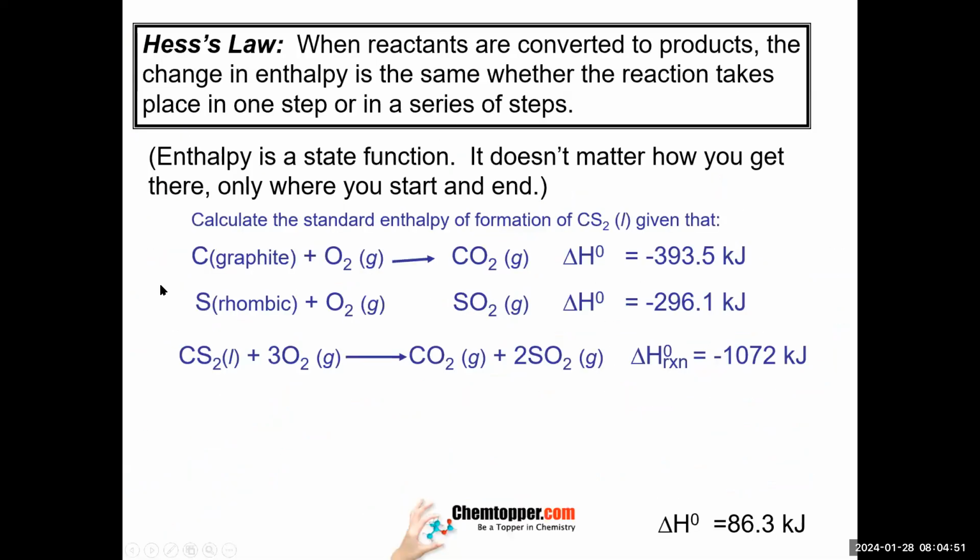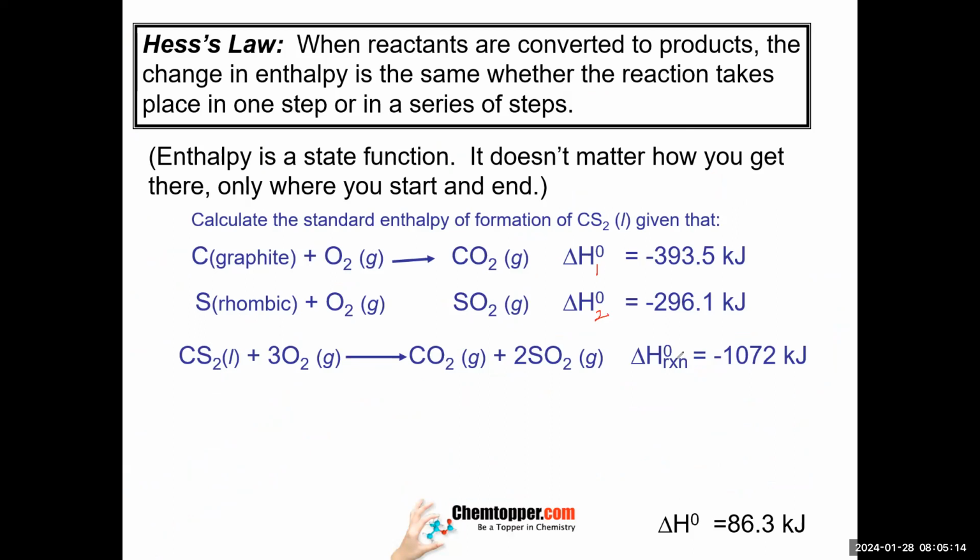Here is the first question. So, Hess's law questions will be of this type. They will give you reactions, like this is reaction 1, delta H naught 1. This is reaction 2, delta H naught 2.